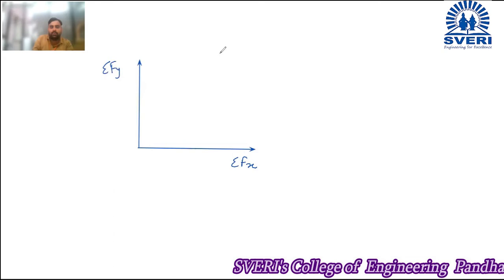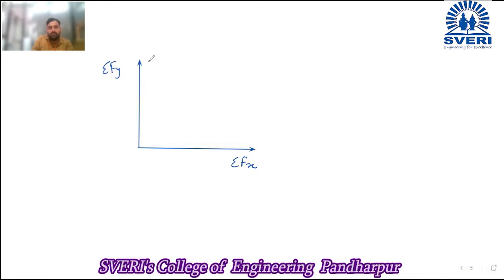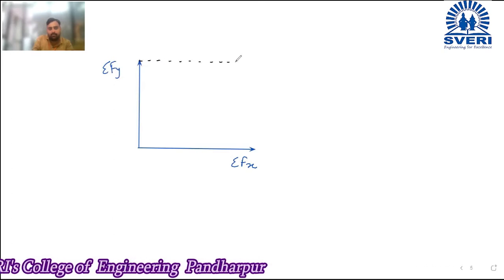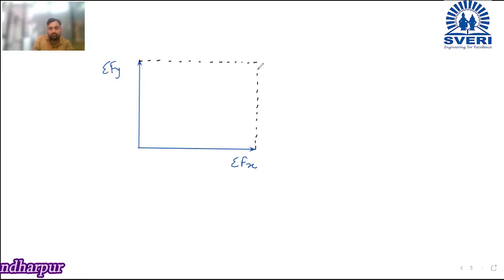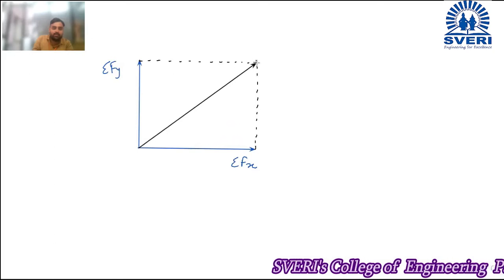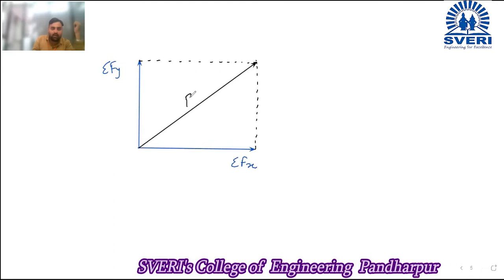Now according to this law of parallelogram of forces, if I extend this line, and if I extend this line also, they will meet at this point. And now the diagonal of this will represent the resultant. Okay, so the diagonal is R, the resultant.